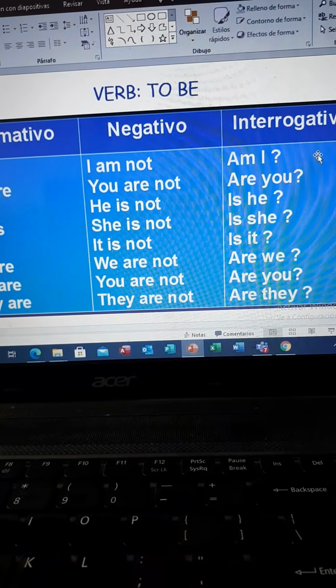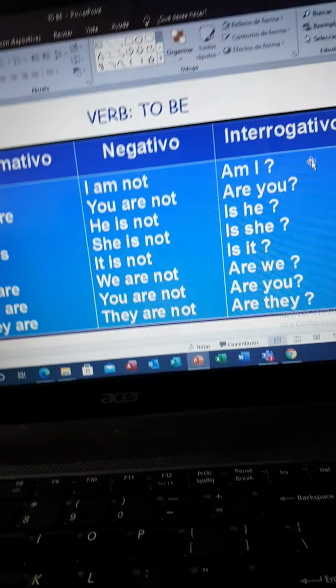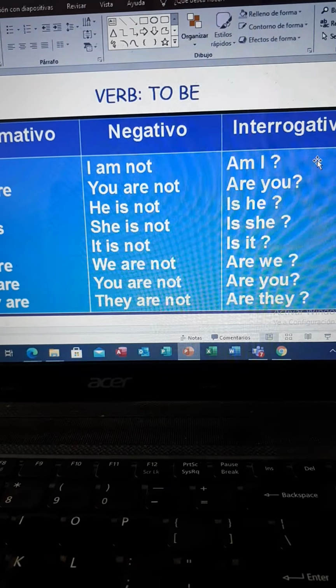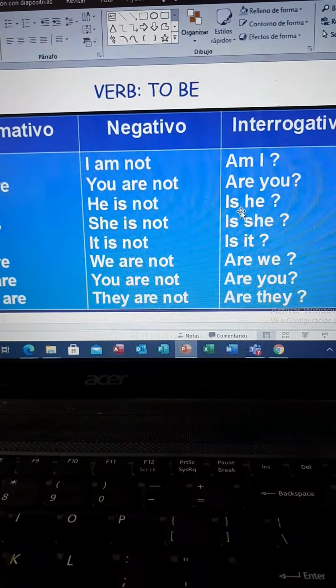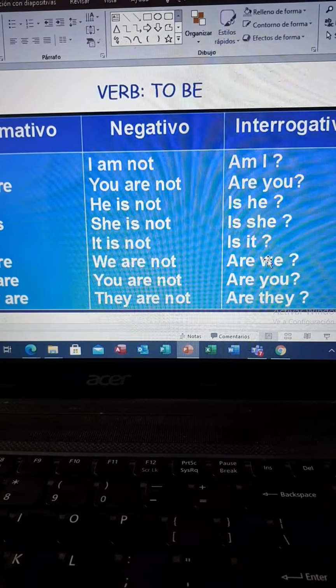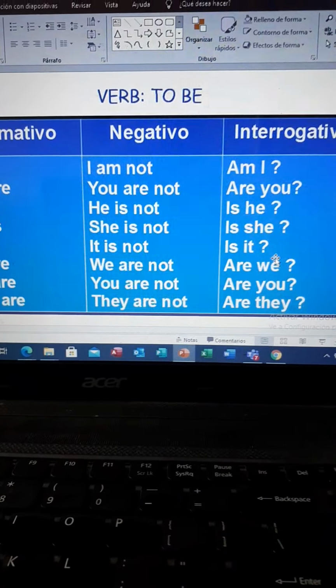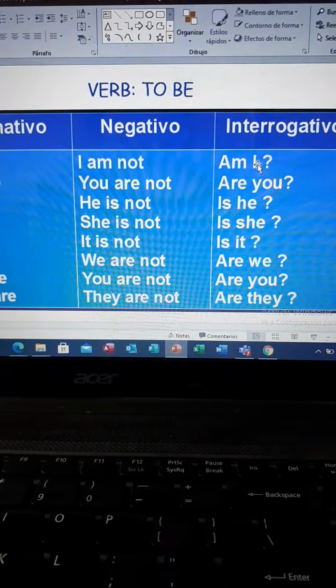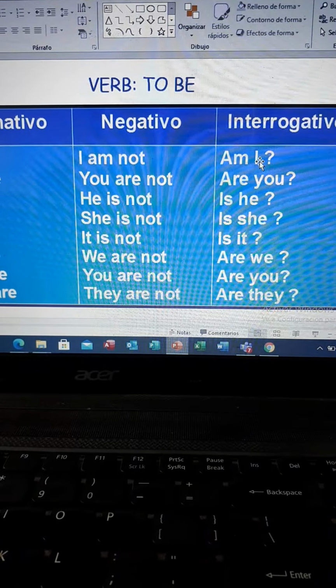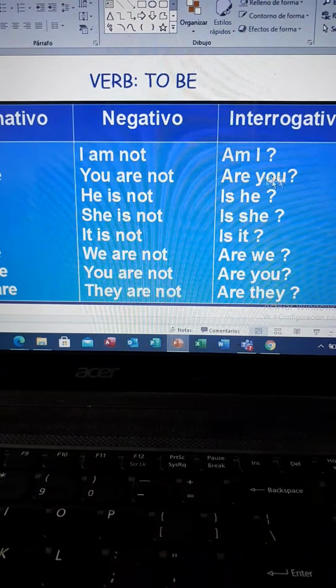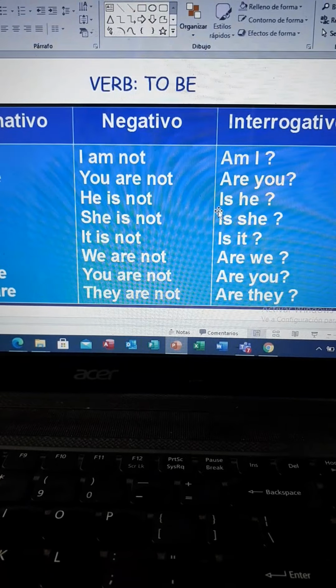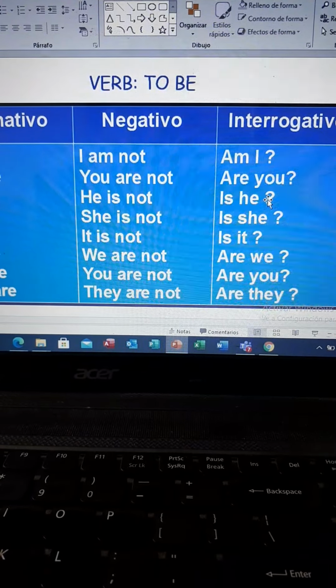At this moment, we are working and we're speaking about the verb to be, okay? So that's why we're going to use am, or is, or are, depending on the name of the person that you are referring to in the question, okay? Am I your friend? Okay. Are you married? Okay. Is he in the class?